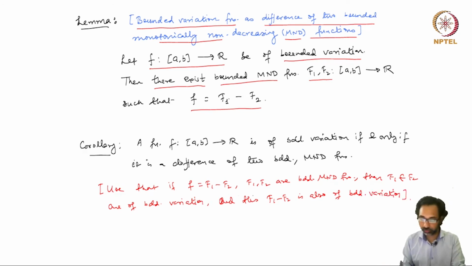So the total variation of f1 minus f2 can be estimated by the total variation of f1 and the total variation of f2. I leave it as an exercise again for you to flesh out the proof for this corollary. But now let us look at the proof of this lemma.